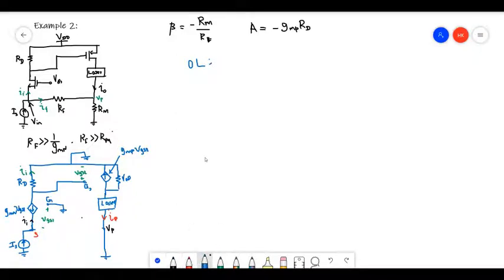So the open loop input resistance is given by this voltage, V in, divided by the input current, I in.